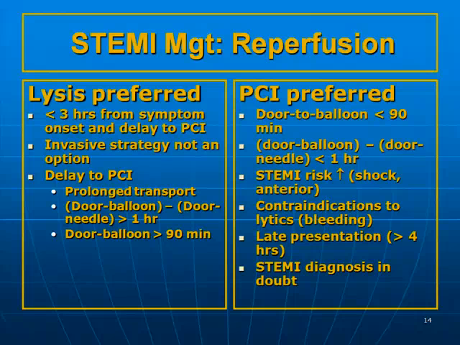If the risk of mortality due to STEMI is high, such as patients in cardiogenic shock, anterior infarct, or high-grade conduction disturbance, those patients would do better with PCI. Patients who have contraindications to lytic. Predominantly, these are things that would increase their risk of bleeding, particularly intracranial hemorrhage.